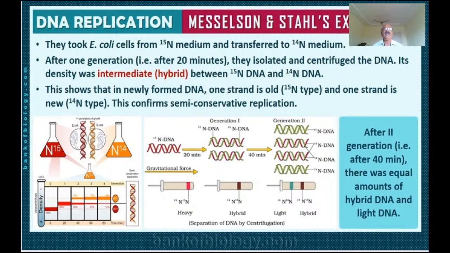Its density was intermediate, a hybrid between N15 DNA and N14 DNA. This shows that in newly formed DNA, one strand is old and one strand is new. This confirms semi-conservative replication. You see, this is N15 DNA.